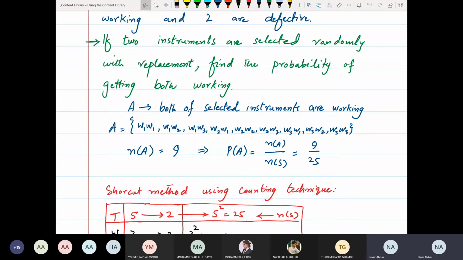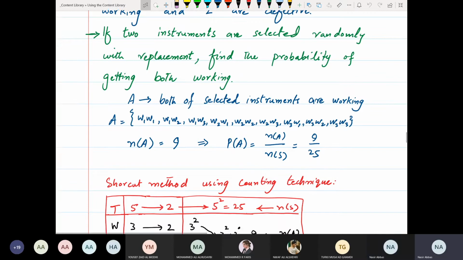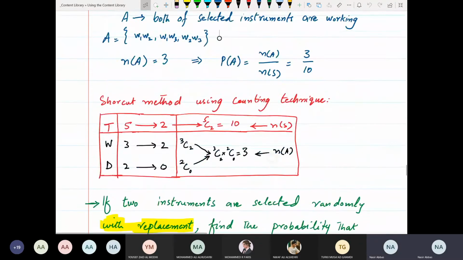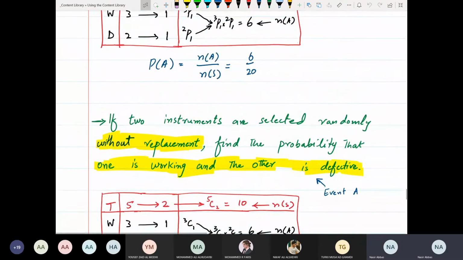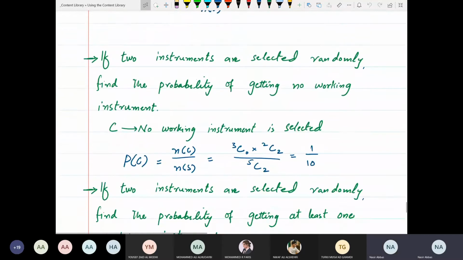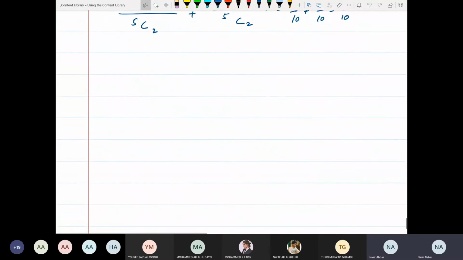Single event A, you are interested in A, that both of them are working. So for all the questions up until this point, if you look at them one by one, you were either interested directly in an event or in the complement of an event. That's all the operations we have talked about until this point.